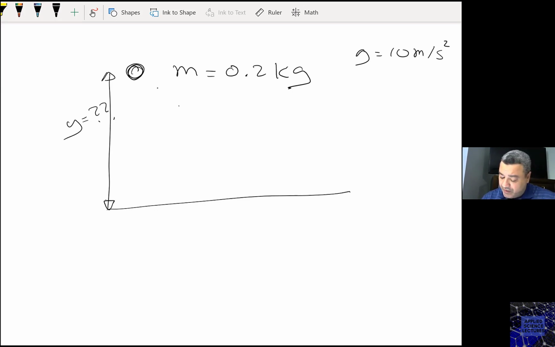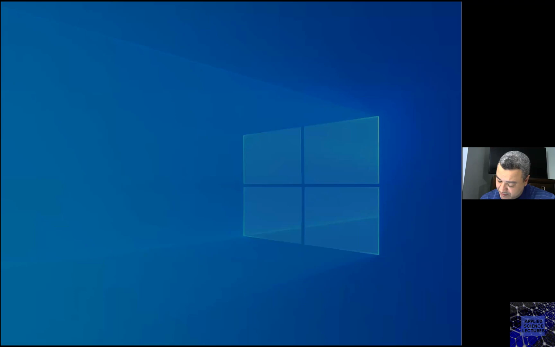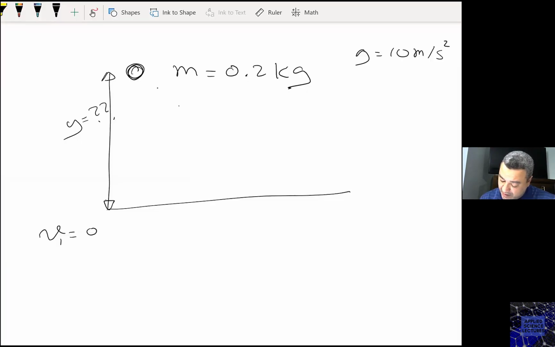Now, when this apple is sitting on the tree, this means its velocity is 0, right? So we know that the velocity here is 0. Let's call it V1. So in this case, I can calculate EP1 as mgy, where y is unknown.